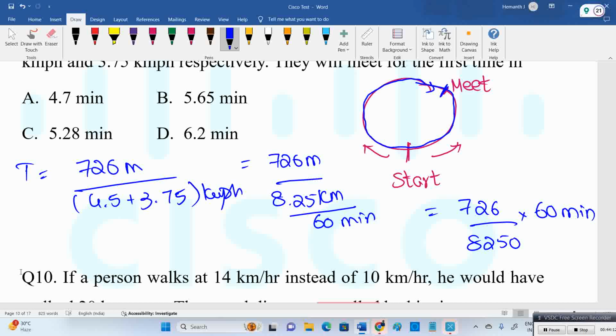I hope the denominator is fine for you. 8,250, so this zero gets cancelled, and the other cancellations are 3, 2 times, and 275 times. So the numerator is 1452, denominator 275. The answer should be in minutes.